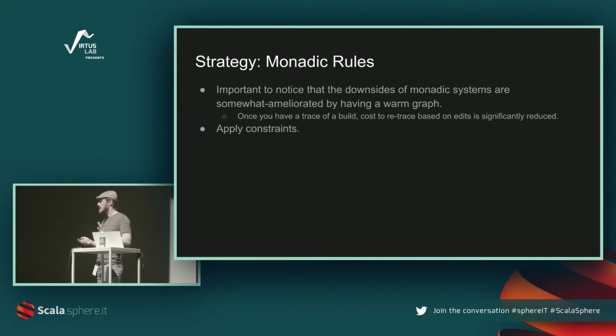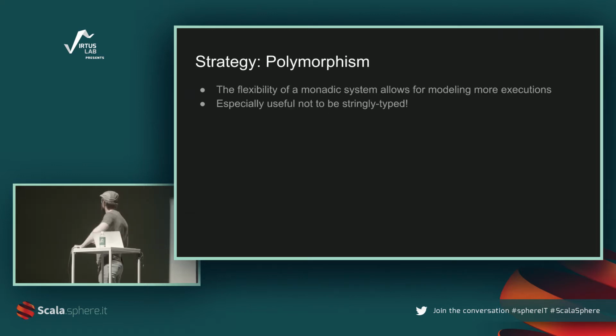So we'd like to have monadic rules, and we'd like to apply constraints. We'd also like to have polymorphism, right? Rather than just files on disk, we'd like to have types applied to the keys and values of this system. So when you've made a request for some value, you know what its type is, and you know what the type of the output value should be.